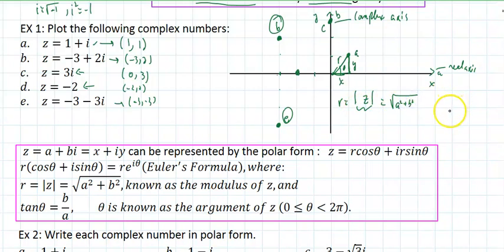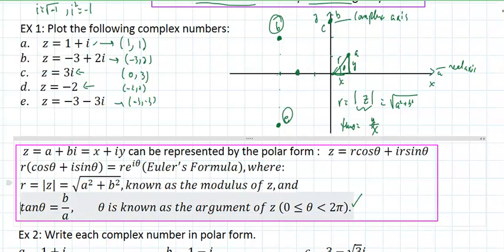Hey, that's r, that's the hypotenuse. And tan of theta equals the opposite over the adjacent. Rings a bell? Their catch: theta has to be in positive rotation all the time, and it has to be between 0 and 2 pi. It can't exceed 2 pi, not in complex land.